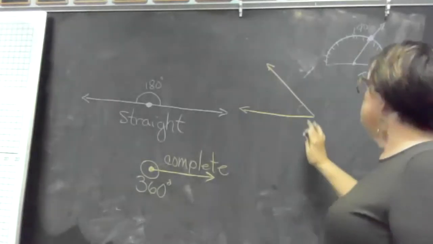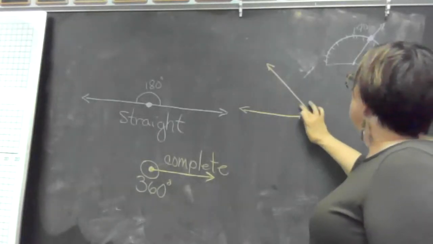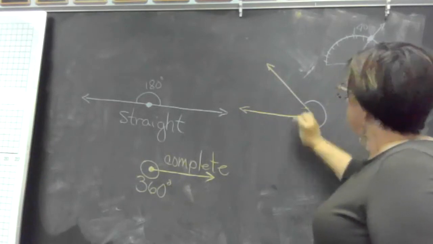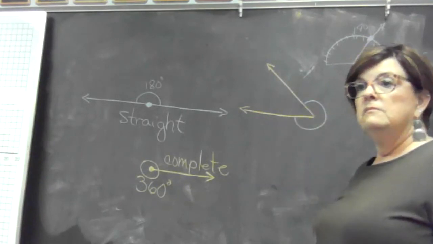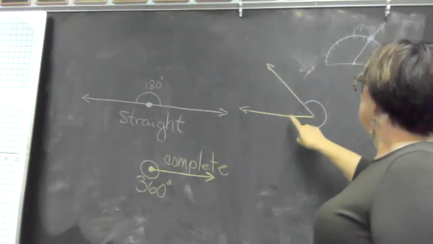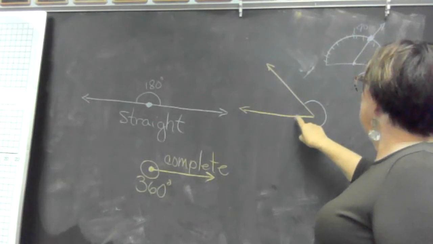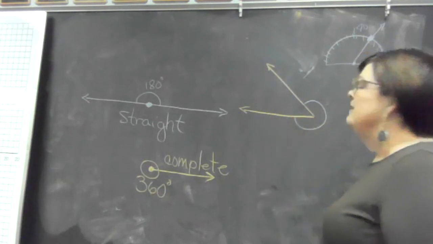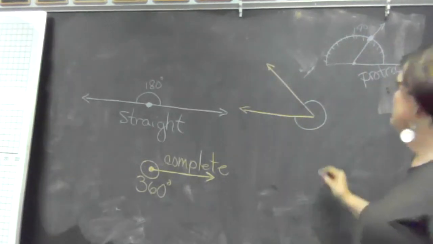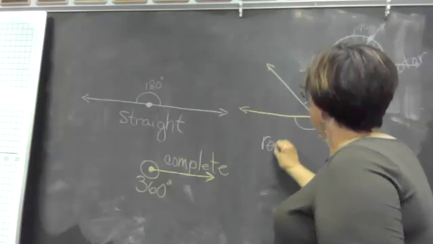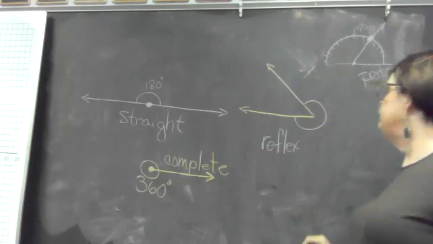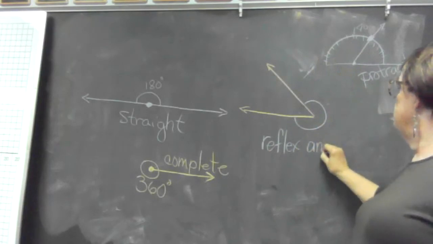But the reflex angle is the other way around. It's this angle. You can turn it like, it spins the other direction. Yes, it went the other direction. This is called reflex.